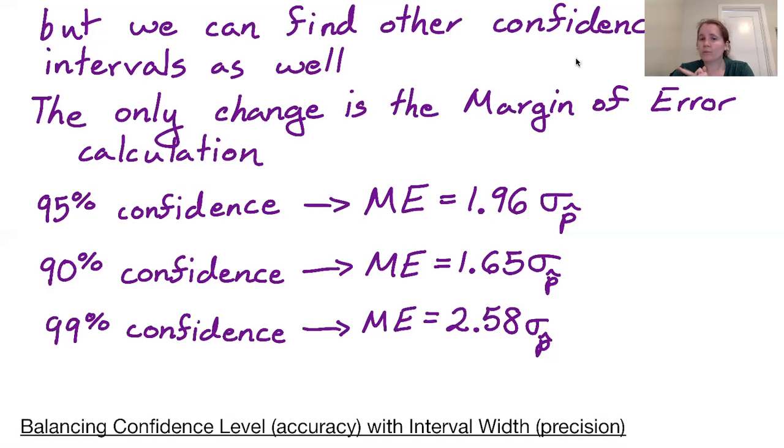Step 4, we were supposed to find our confidence interval. So the base is still our p hat. The margin of error calculation now changes depending on the confidence level, but then finding the confidence interval is the same, and our sentence is the same idea. We just change our confidence level in the sentence.